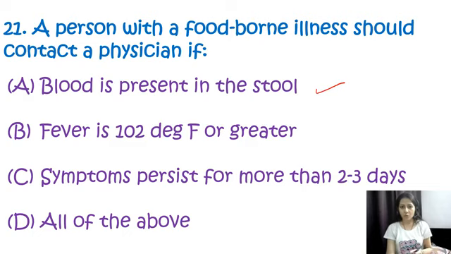Yes, this is also true, since this can indicate a more serious infection that may require medical treatment. And next, symptoms which persist more than 2 to 3 days. This is also true, since when symptoms persist for more than a couple of days, it indicates the illness is severe, and we should contact a physician. So my correct option is D, that is all of the above.